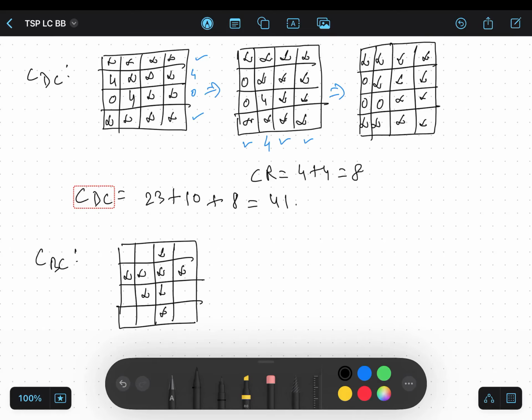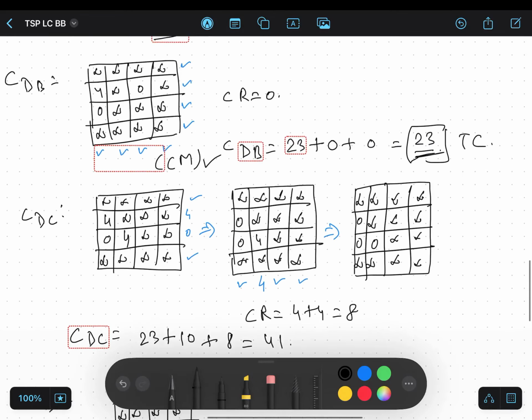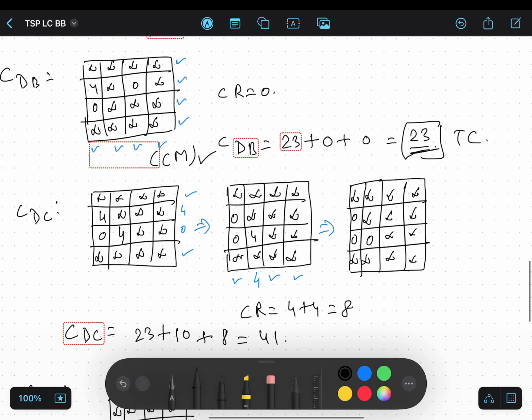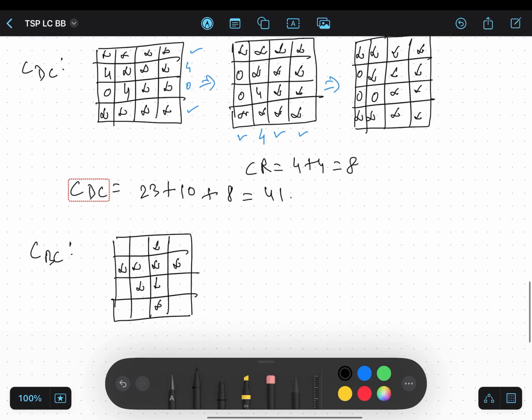Rest values are going to come from our current matrix, which will be, I think everything is going to be infinity except this.